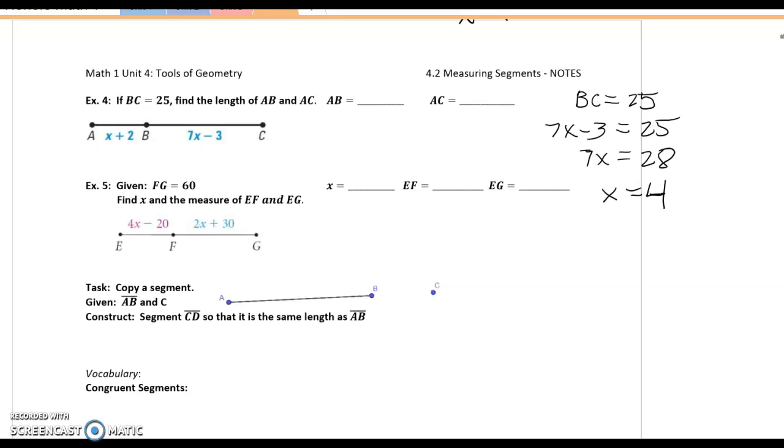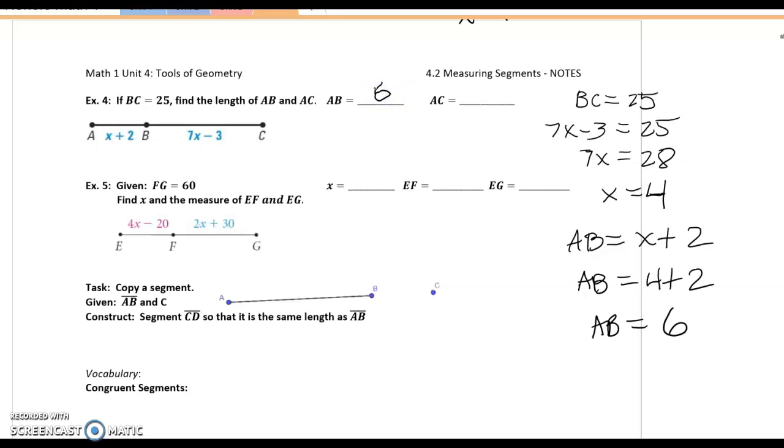We solve for x and get x is equal to 4. With that, we were able to find the length of AB through substitution. So AB has a length of 6.